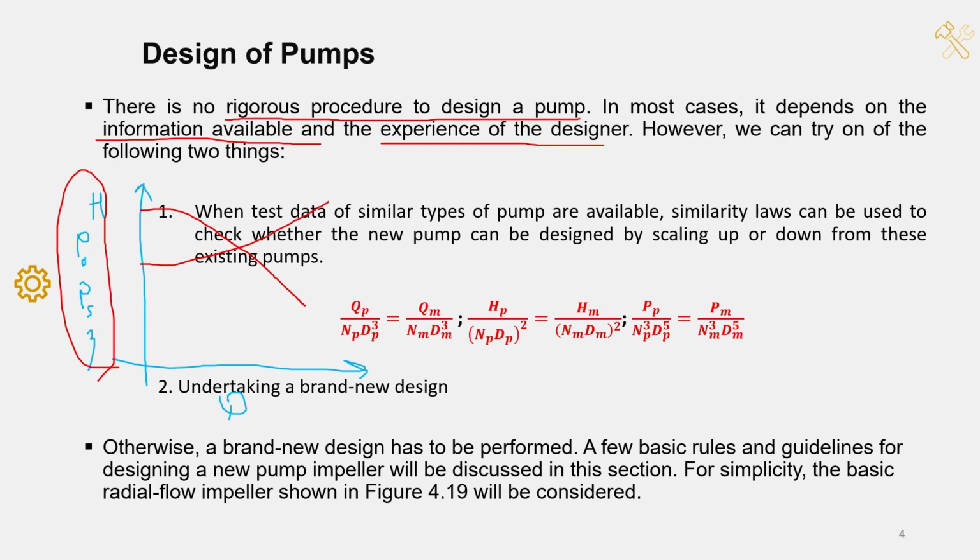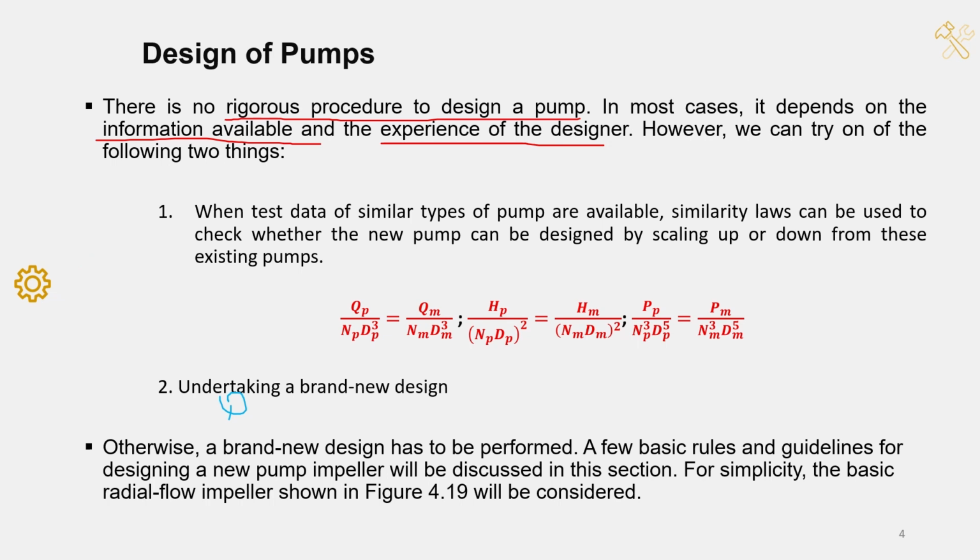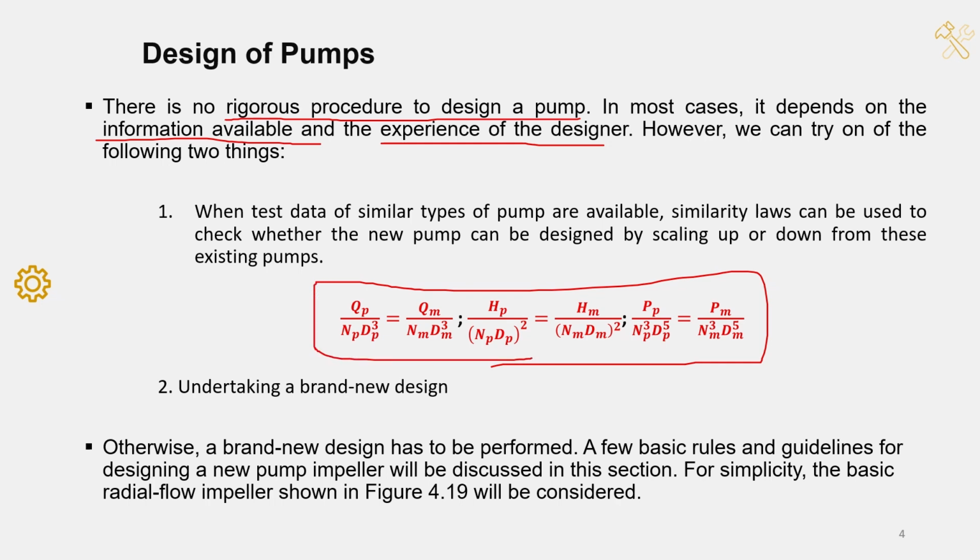then I can use the similarity laws. I can use these equations to predict the performance of a similar pump, or I can check whether the new pump can be designed by scaling up or down.